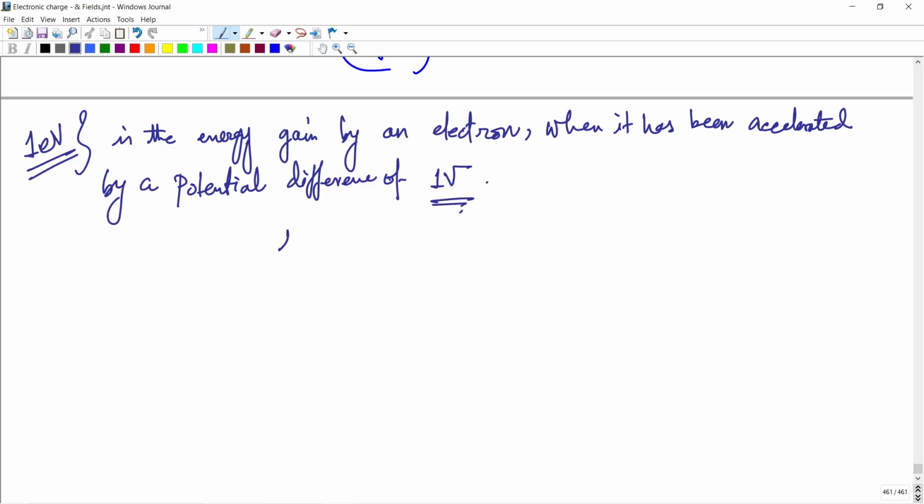And 1 electron volt is equal to this energy, and the SI unit of energy is the joule. 1 electron volt means 1.6 into 10 to the minus 19 joule.